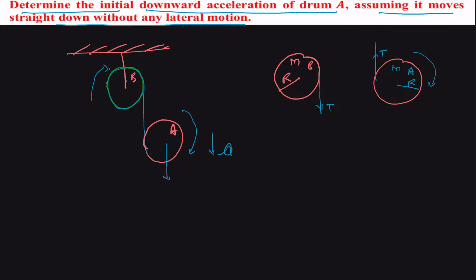Let us suppose it is rotating with angular acceleration alpha. Later on we can modify if required. In the downward direction there will be a force mg, and it will be moving in the downward direction with acceleration a. So this is our basic figure.